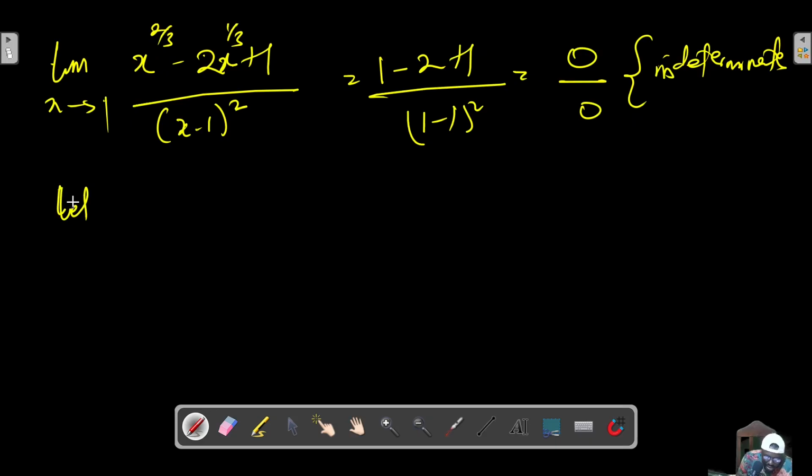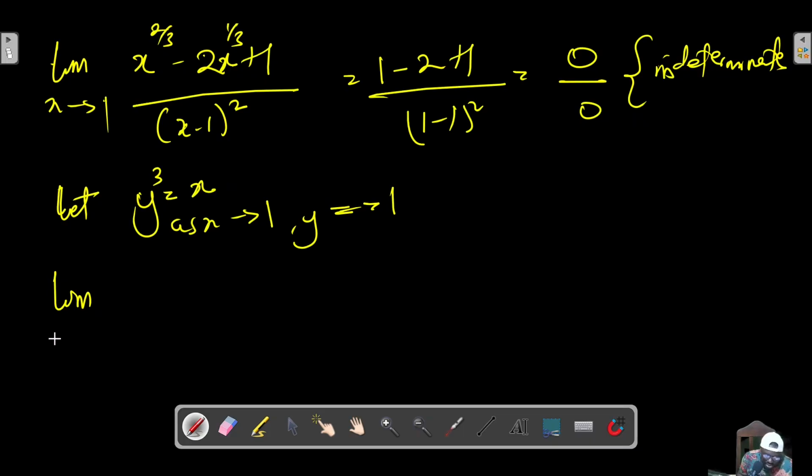Let's say y cube is equal to x, because when I substitute y cube in place of x, I'll cancel out the cube root. Now if y cube is equal to x, then as x approaches 1, my y also approaches 1.